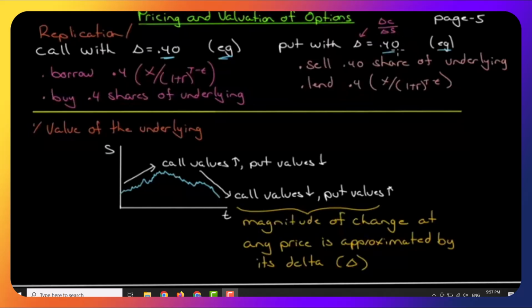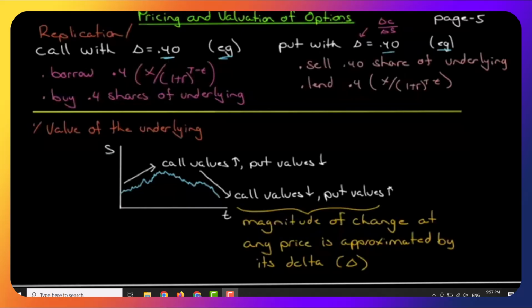So if the stock price goes up $1 and an option has a delta of 0.4, that means the option would go up in value by 40 cents. That's just the change in the value of the option for a change in the value of the stock.